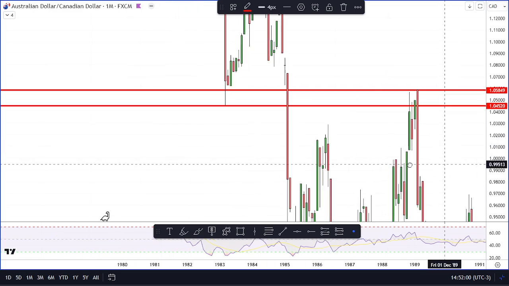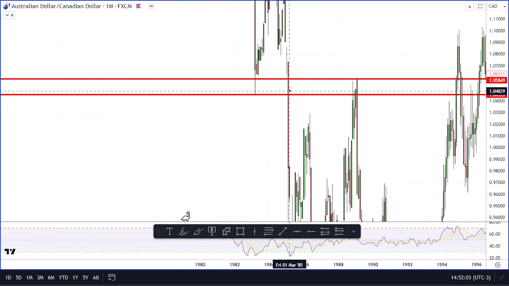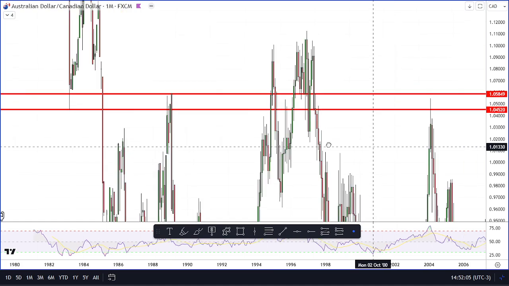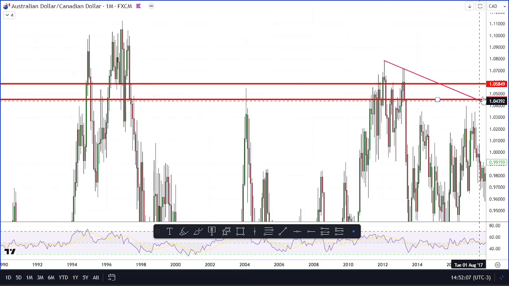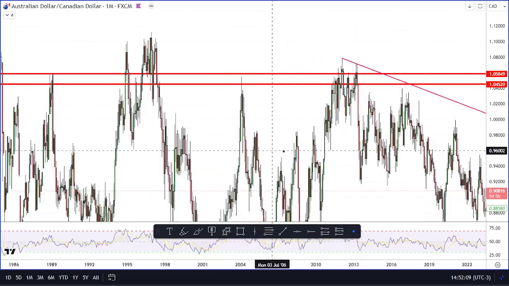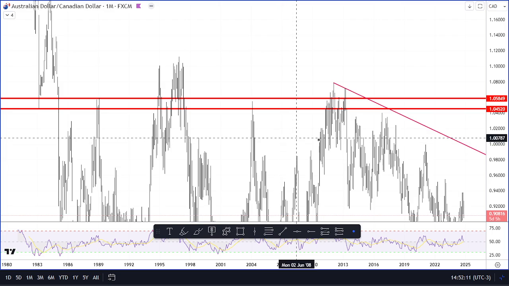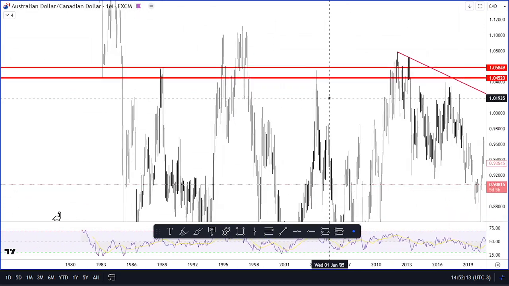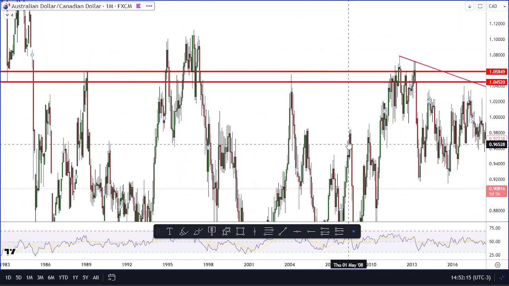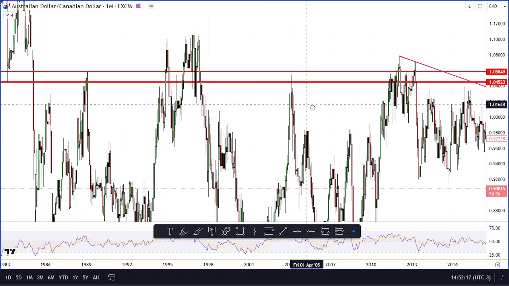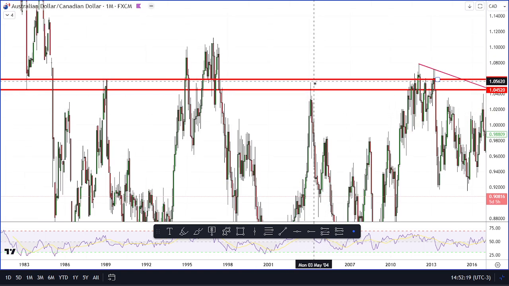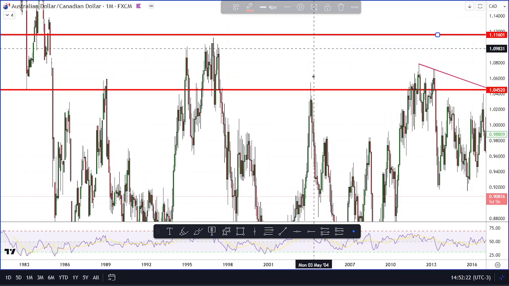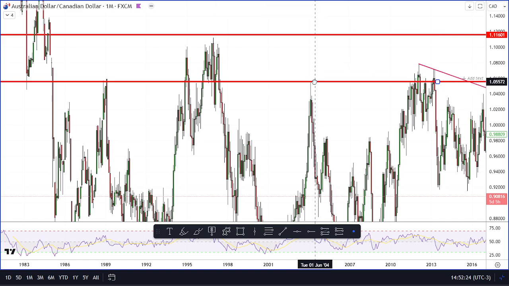I'm not just going to look at the past, I'm also going to look at the present. So this is the present right now. I also did not neglect the fact that I have this wick right here.